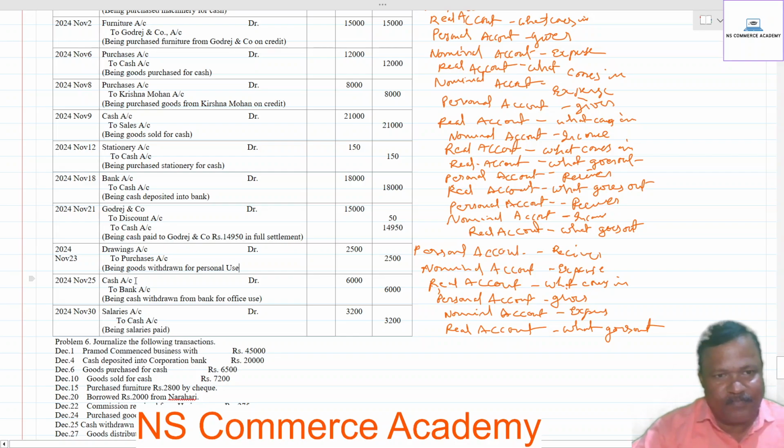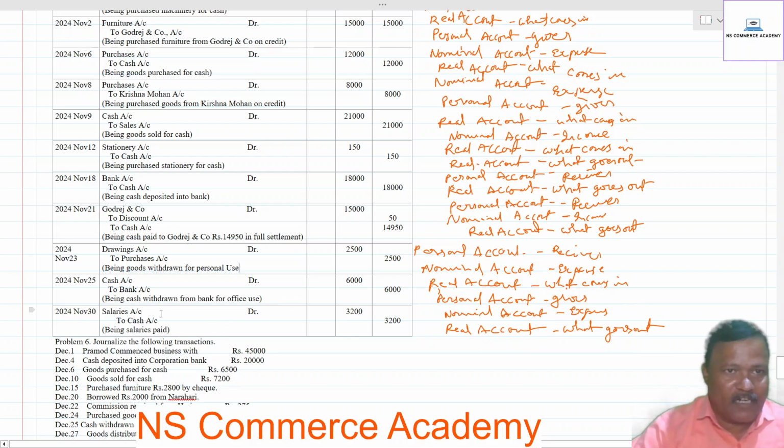Cash account is a real account, bank account is a personal account. So what comes in, that's why we are debiting it, cash account. So we should debit the cash account and bank account, personal account, is the giver. That's why we are crediting it. The entry is cash account debit 6,000 to bank account 6,000. Narration, being cash withdrawn from bank for office use.